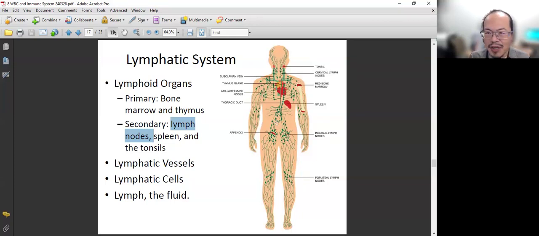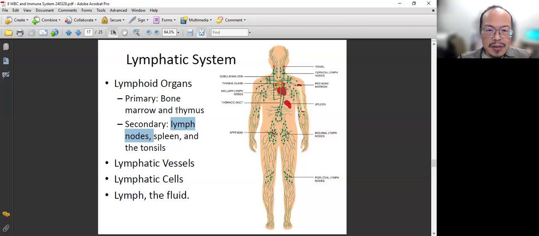They are spread throughout our body. However, they are not the ones that produce the lymphocytes. The primary ones that produce lymphocytes are in the bone marrow, because lymphocytes are blood cells derived from hematopoietic stem cells in the bone marrow. So the bone marrow is the primary lymphoid organ.